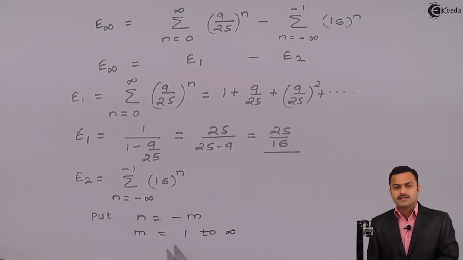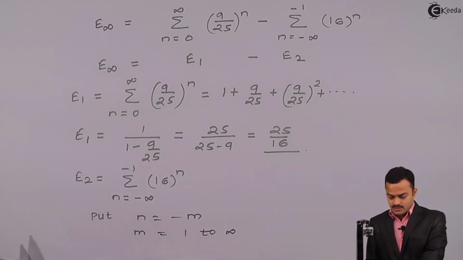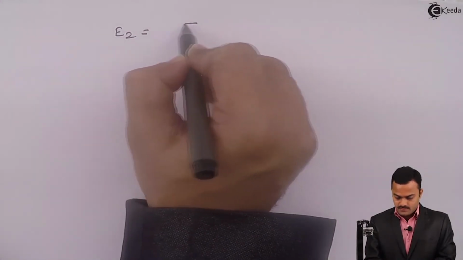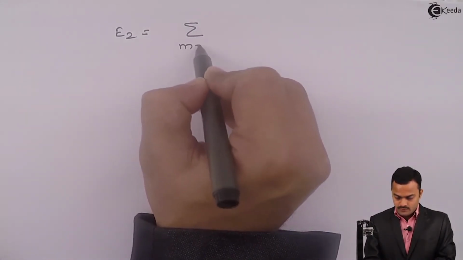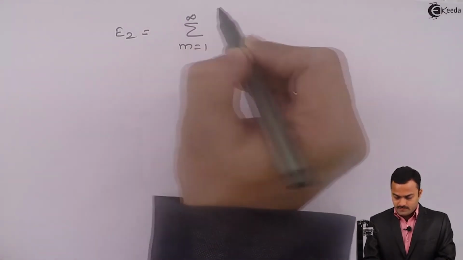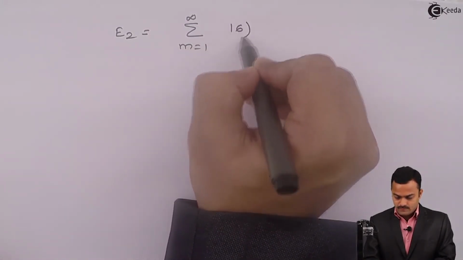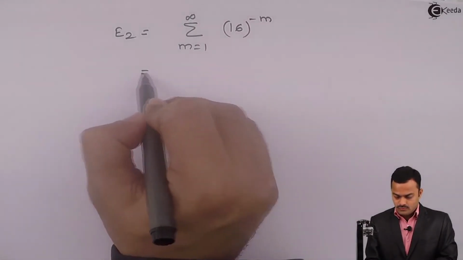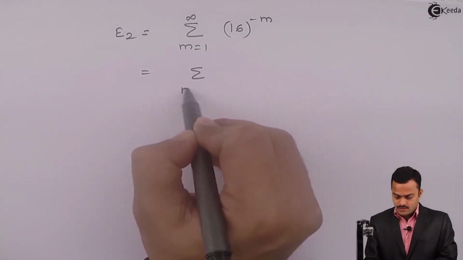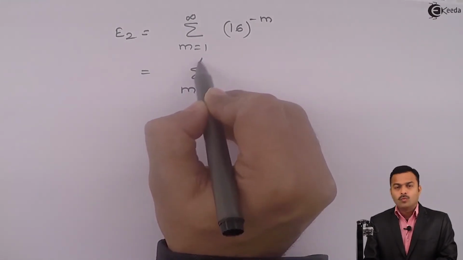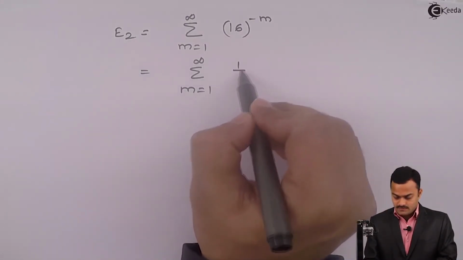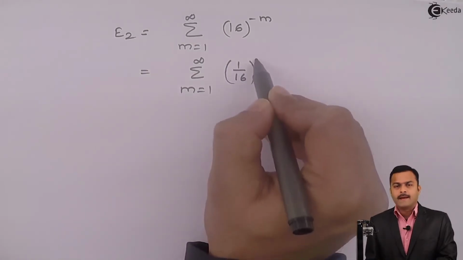With this adjustment, energy 2 becomes summation m equal to 1 to infinity of 16 raised to minus m. So basically it is summation m equal to 1 to infinity of (1 by 16) raised to m.